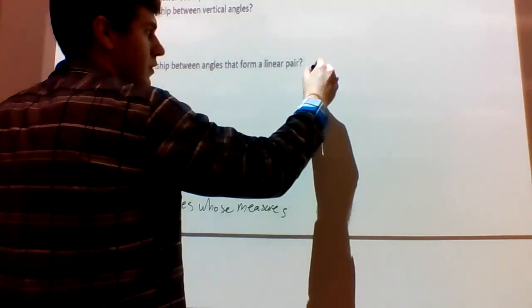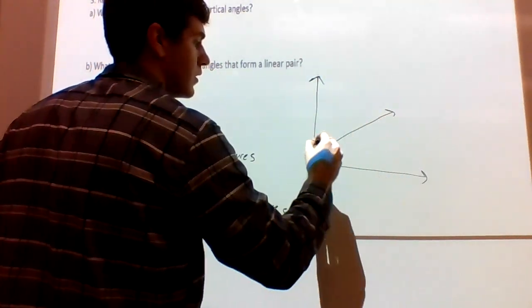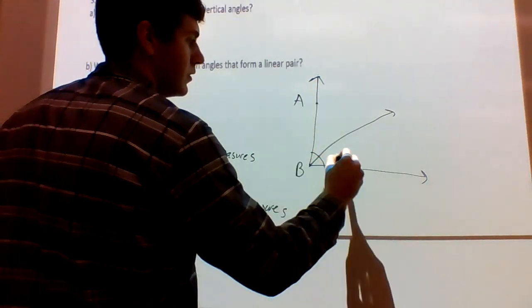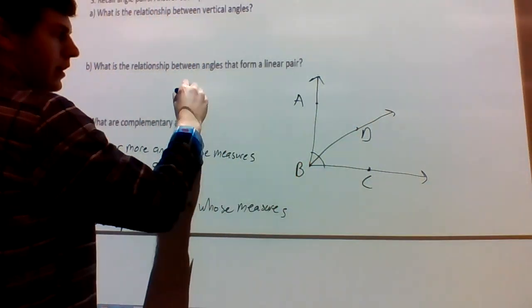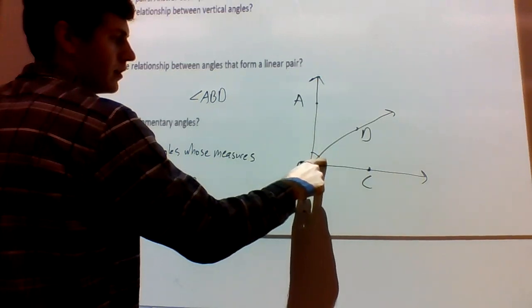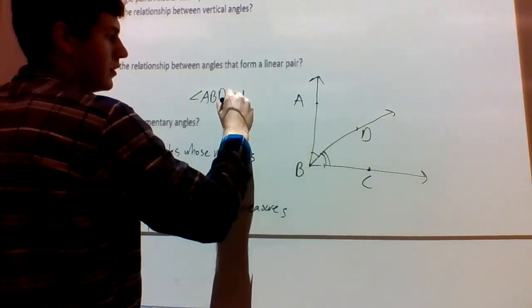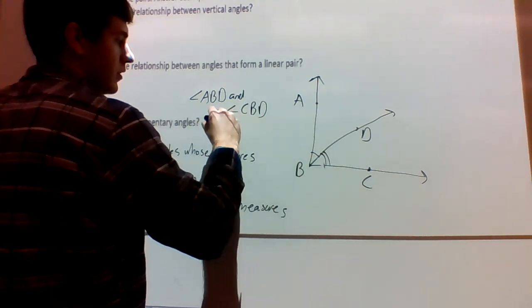So here we have angles A, B, C, and D. Angle ABD and angle CBD are complementary.